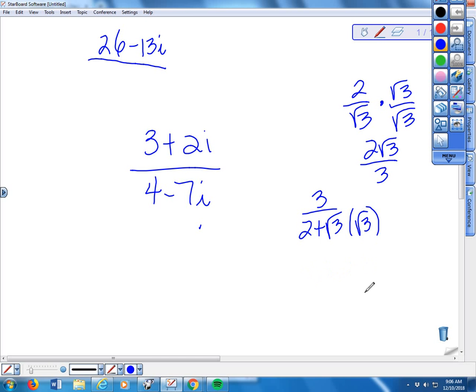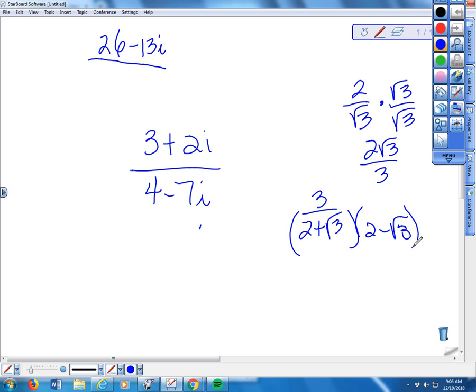I have to use something called a conjugate. This is a vocabulary word, a conjugate. And a conjugate is the exact same terms with the opposite sign between them. How does this eliminate the root for me?